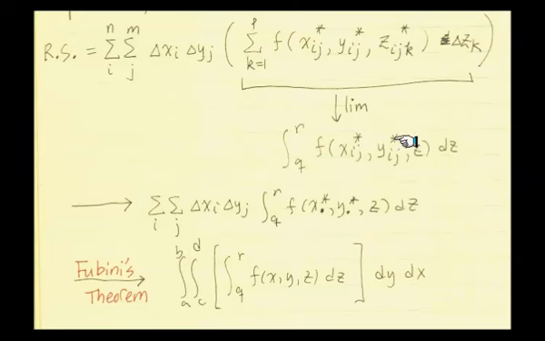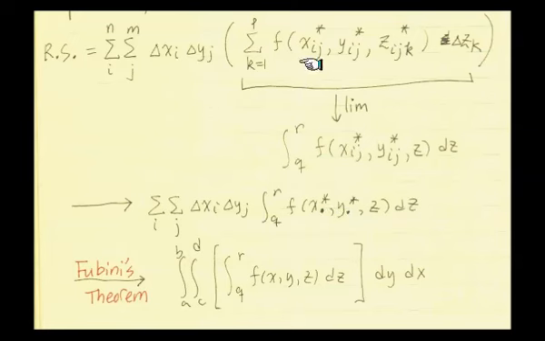Then it seems like this triple sum is going to approach the following triple integral. If we allow this different order of operations, sum first and limit later, or limit first and sum later, it's easy to turn this summation into this triple integral. So all I did here is take this inside integral as a function of x and y, with everything in terms of x_i and y_j.